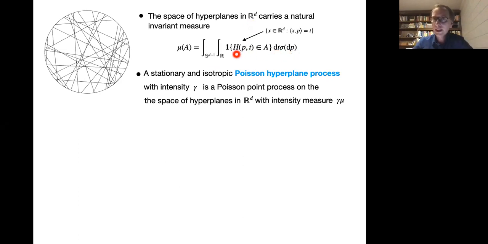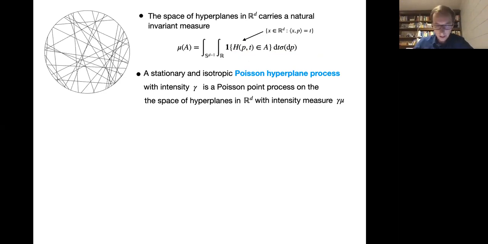And this is exactly the hyperplane that I denote by H(p,t). And the space of hyperplanes carries a natural invariant measure. In this parametrization of hyperplanes, it's just the Lebesgue measure in the distance coordinate and the spherical Lebesgue measure, or the uniform distribution on the unit sphere, in all the directions. So that's the invariant measure on the space of hyperplanes.